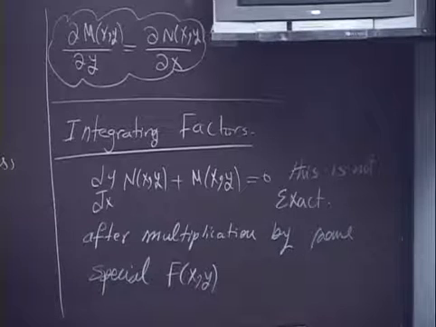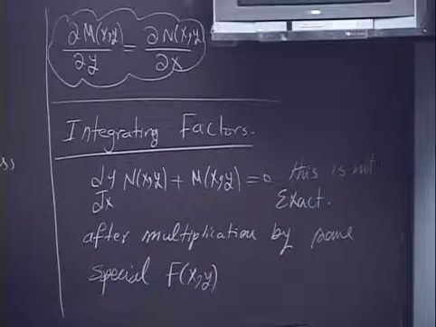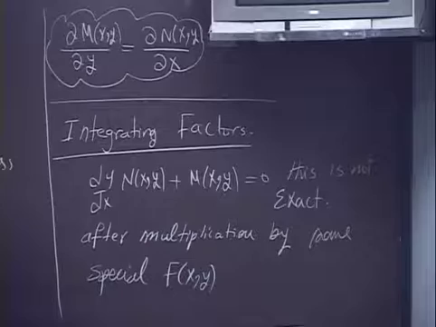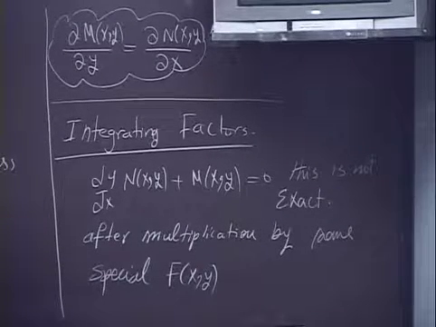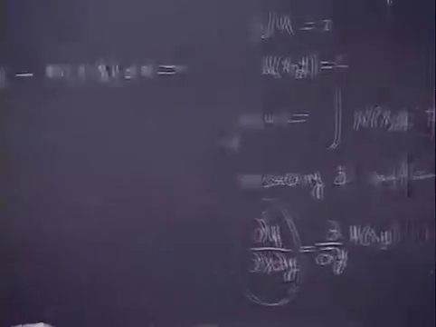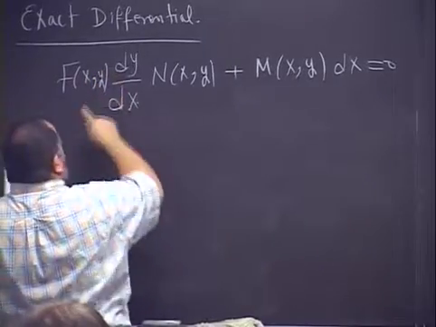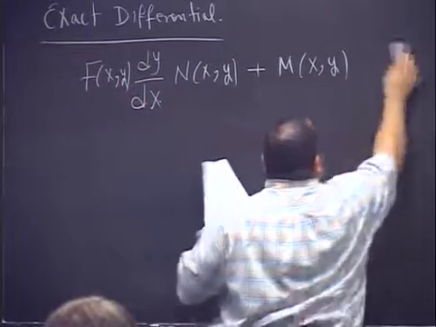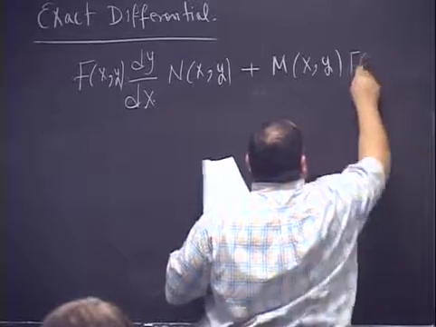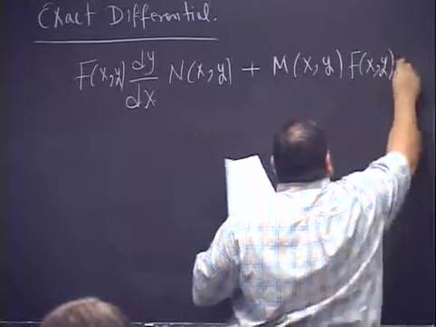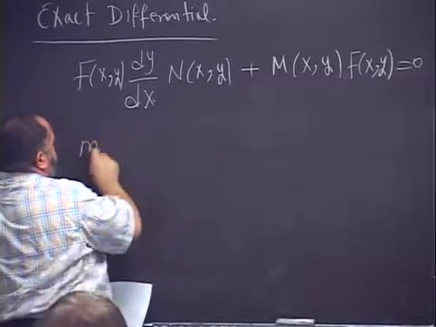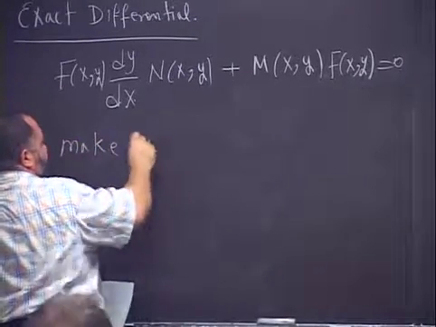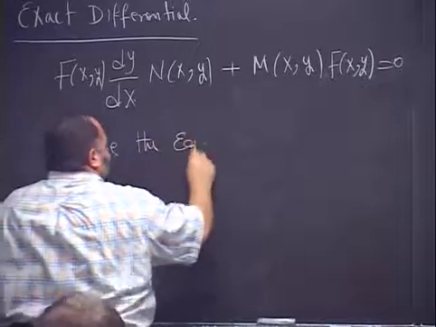We multiply it here, and this will be multiplied by f of x and y also, and this will be 0. So we can make the equation exact.